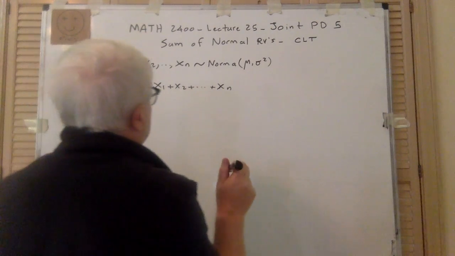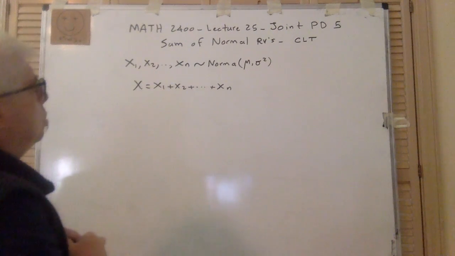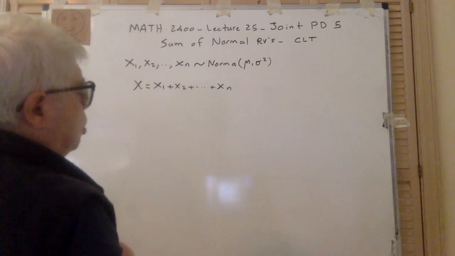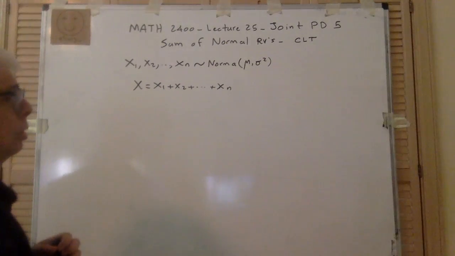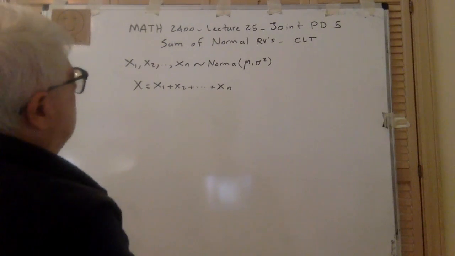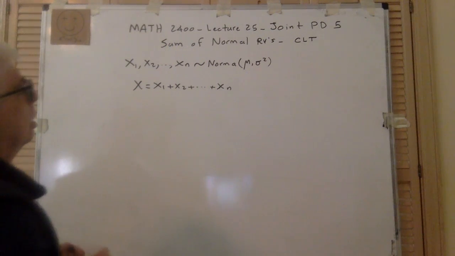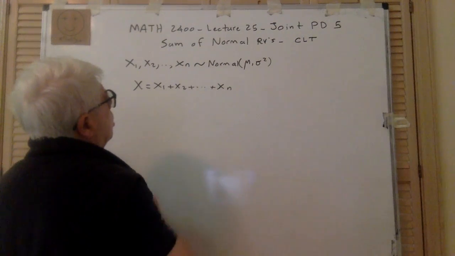Well, in fact, I will post some notes on how to prove this thing. We can prove it using certain theorems that we cannot prove here. But anyway, assuming we know those theorems, then we can prove that this is in fact normal.